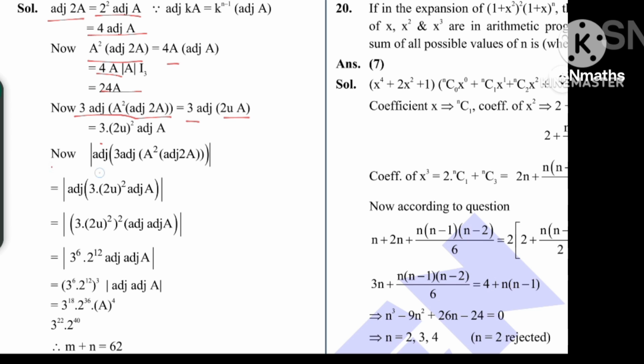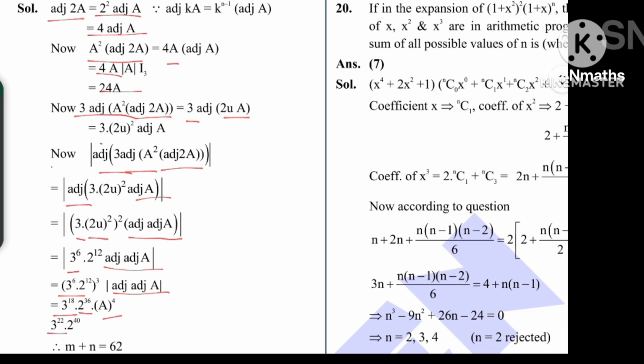Now determinant of adjoint of 3 adjoint of A square adjoint of 2A is equal to adjoint of 3 into 24 whole square into adjoint A. Now here, 3 into 24 whole square adjoint of adjoint A. So 3 power 6, 2 power 12 adjoint of adjoint A. 3 power 6, 2 power 12 whole cube adjoint of adjoint A. 3 power 18, 2 power 36 adjoint A for 4.